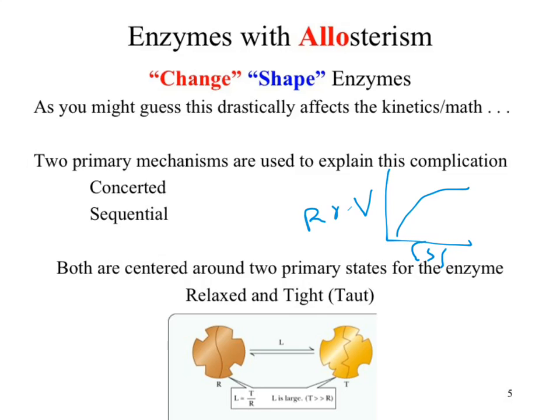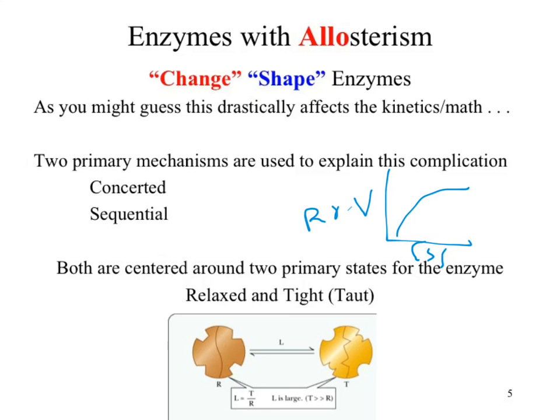Okay. There are two primary mechanisms that were developed to explain these observations of allosterism. Those two methods are your concerted model and your sequential model. So what they're ultimately representing is how we can get these shifts between the different structural changes. Both of them are centered about the enzyme, and this is where we start to bring in these one-letter codes.